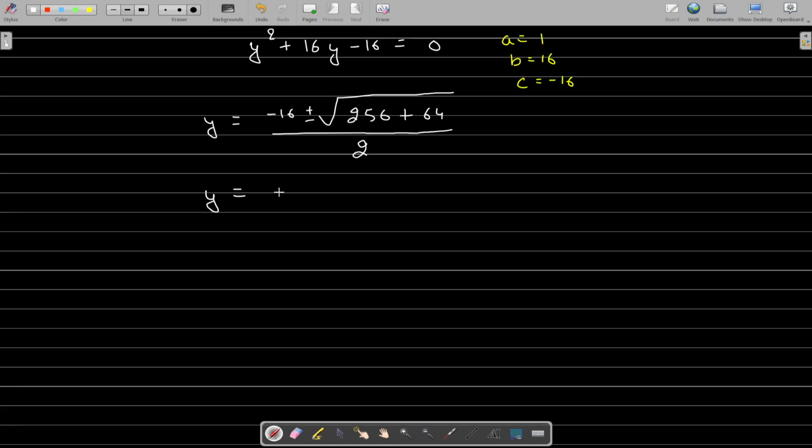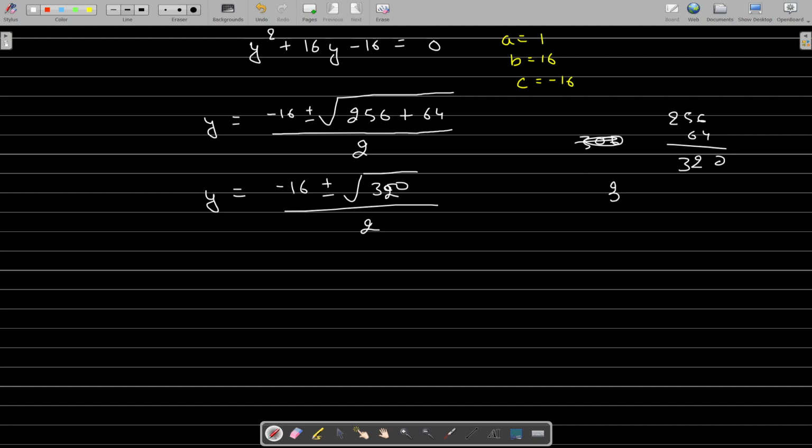Moving on, I get minus 16 plus minus under root of 300 divided by 2. So 256 plus 64 is 320. Not 300, but I'll get 320.